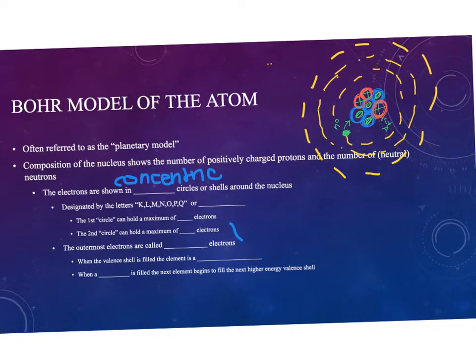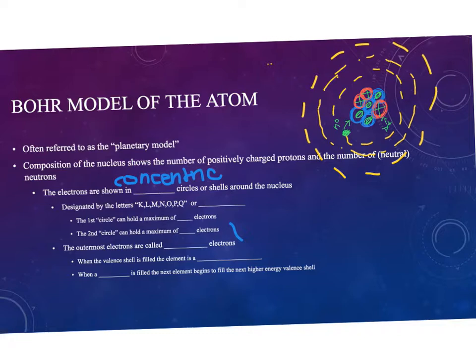Designated by the letters K, L, M, N, O, P, Q, or numbers 1, 2, 3, 4, 5, 6, and 7. So basically, you number the shells going from inside out, or closest to the nucleus to farthest from the nucleus. So in this case, we have circle 1, 2, and 3, or shell 1, shell 2, and shell 3.